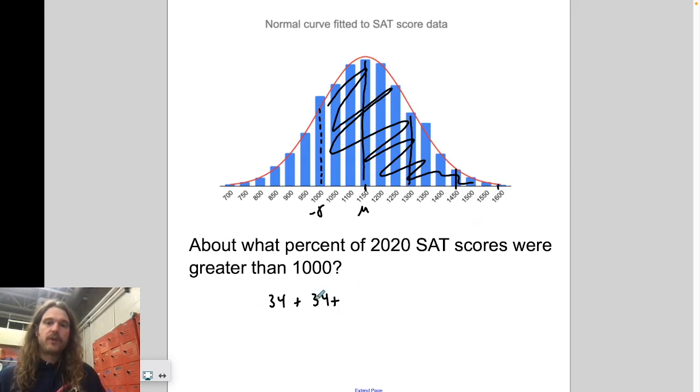So it would be 34 plus 34 plus 13.5 plus 2.35. Well, we could really just say 2.5 there because we know how much that is, but that's okay, plus 0.15. So what percent of SAT scores were greater than 1,000?